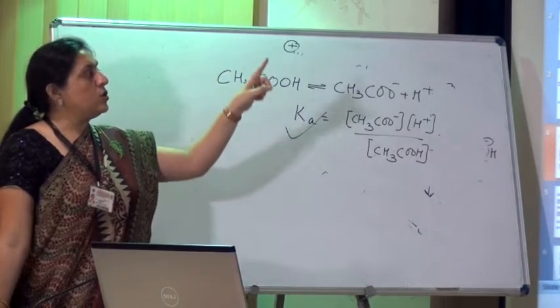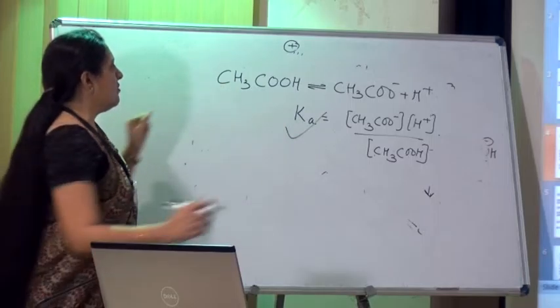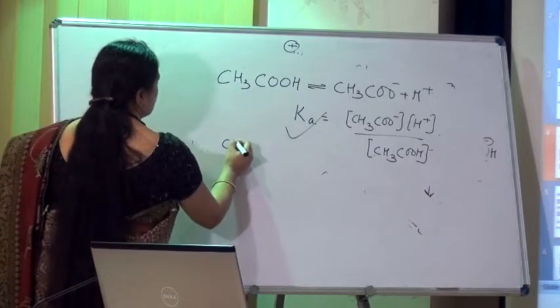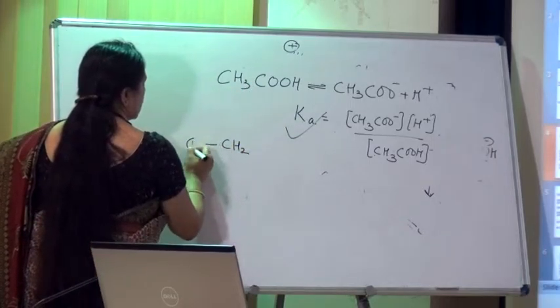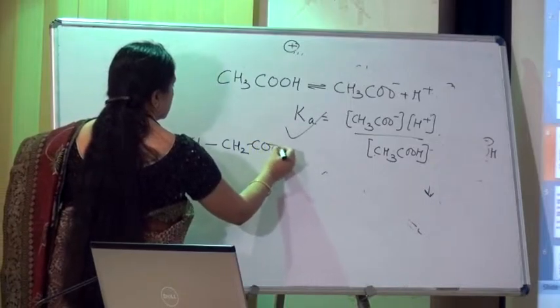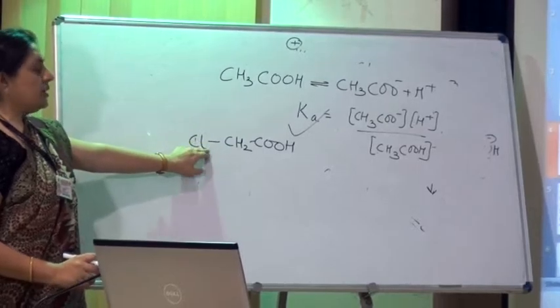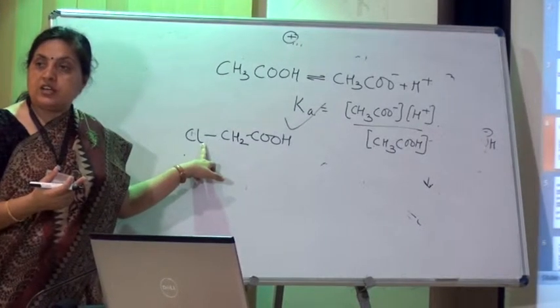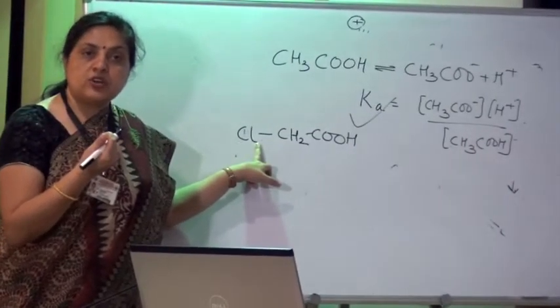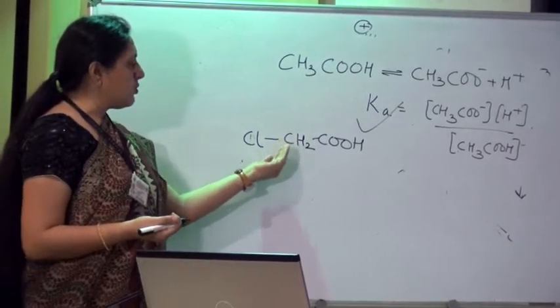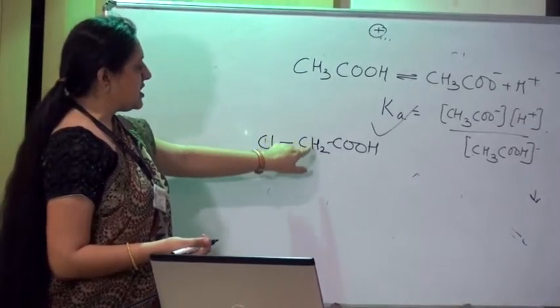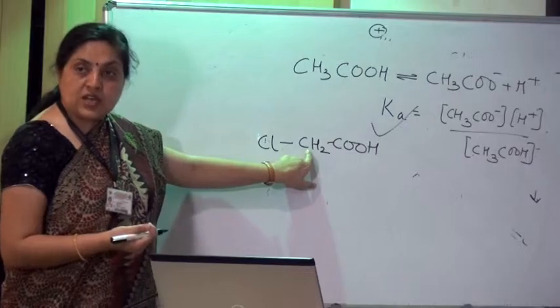As I told you, if I substitute, for example, one of the H with a Cl group, this Cl is electronegative in nature, so it tends to withdraw electrons. When it withdraws electrons, the immediate first effect comes on the first carbon atom.